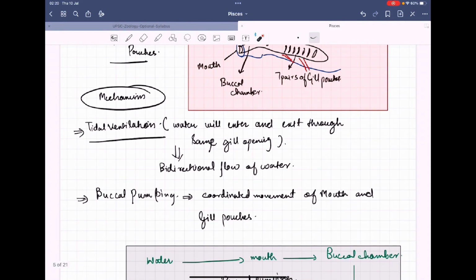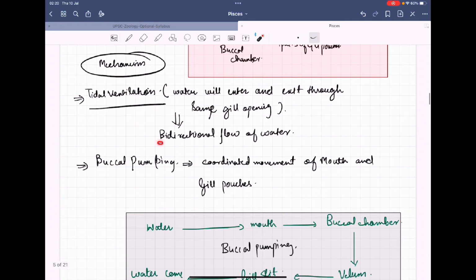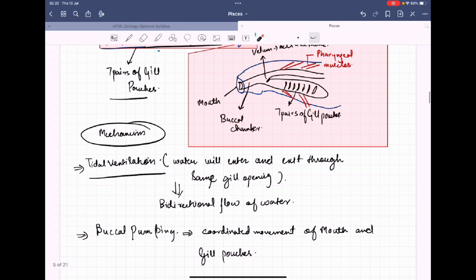So the mechanism is tidal ventilation. Tidal ventilation means that the water will enter and exit from the same pore. So there is this bidirectional flow of water. This is called tidal ventilation. Next is the buccal pumping. Buccal pumping means that the buccal chamber will act like a pump, and there will be coordinated movement between the gill pouches and the mouth.